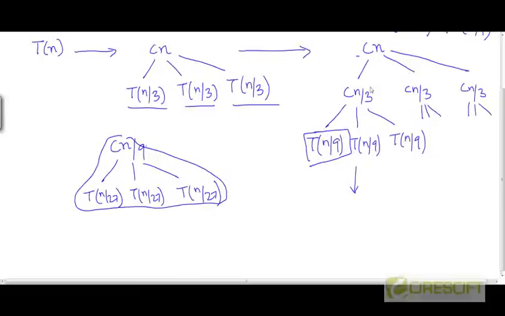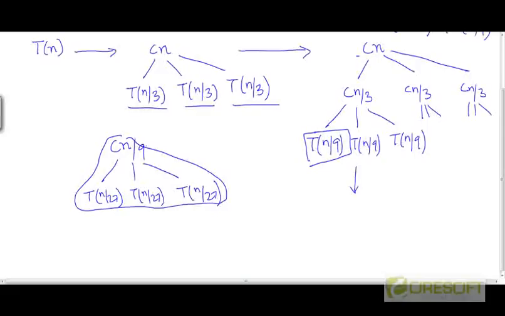So we'll keep creating additional levels of this tree by opening up the recurrence equation for these T's until we end up with leaves, each of which will have the value T(1). So what will a snapshot of the recursion tree look like at that stage?